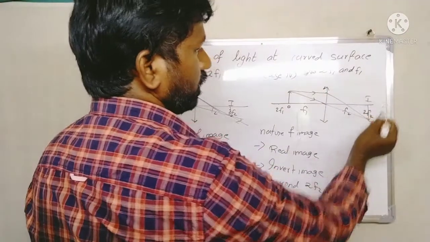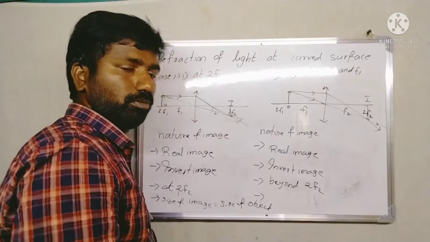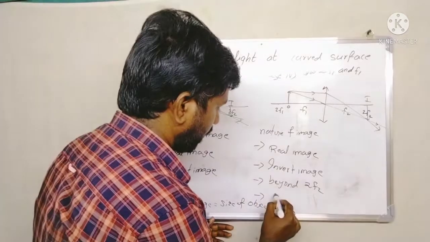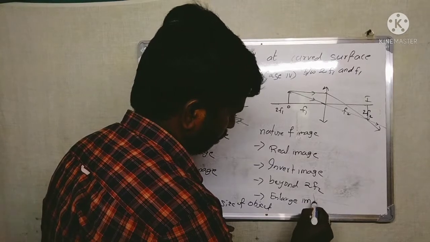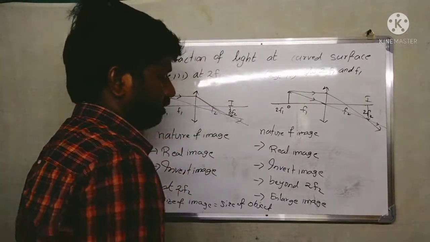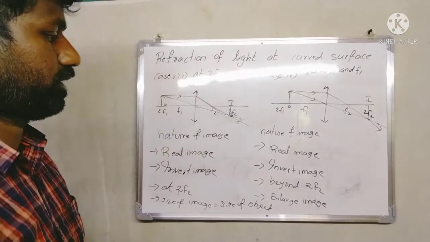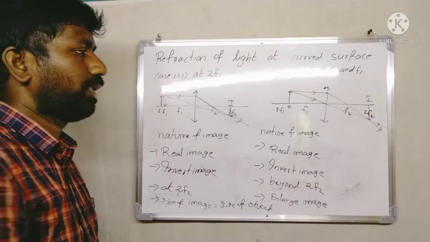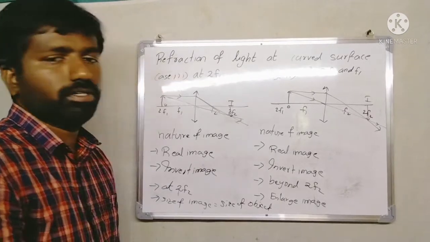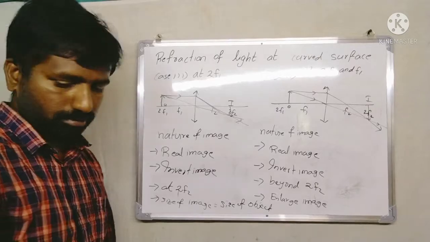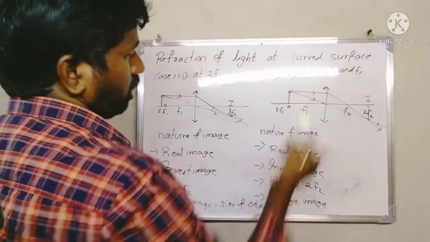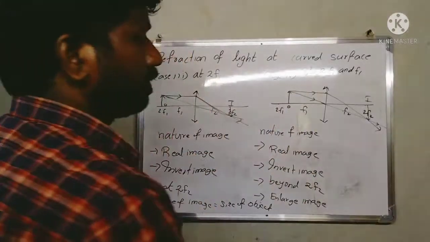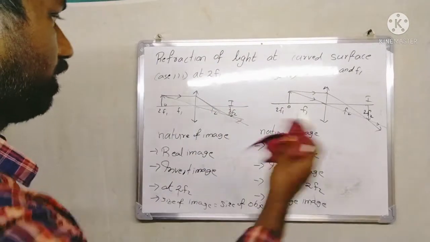Here the size of the image is bigger than the size of the object, so simply we will get an enlarged image. So these are the characteristics of the image when the object is placed between 2F1 and F1. Next, the object has to be at F1, slowly moving toward the focus of the lens.